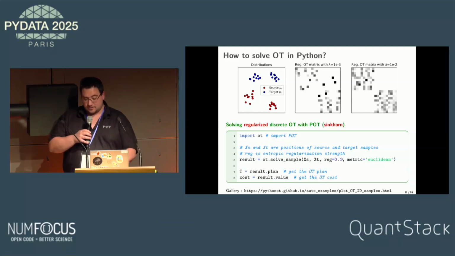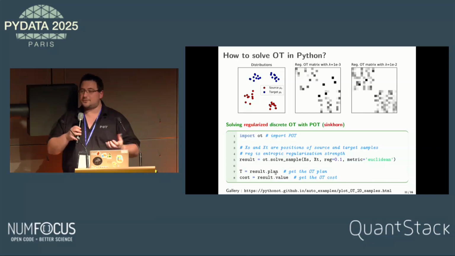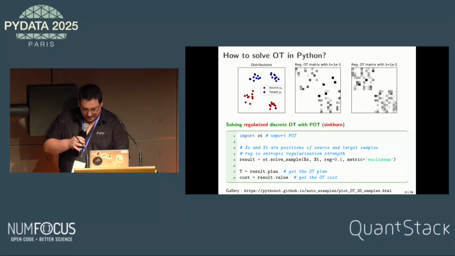So the stronger the regularization, the more you're going to spread the mass, and so the less optimal it will be. And this uses the well-known Sinkhorn algorithm, which is very popular in the optimal transport community. And so by just adding one parameter, now you can do regularized OT. And this is interesting because regularization is going to smooth the problem, which means that now both your cost and your plans are smooth with respect to the input, which is important if you want to compute a gradient, as I said. I'm going to come back to the gradients after.